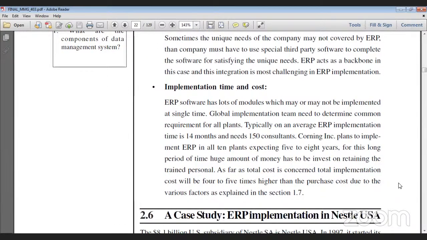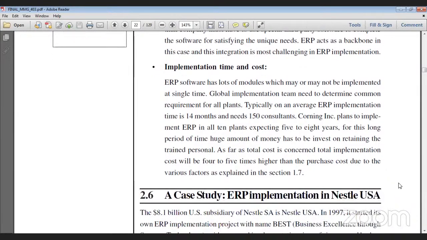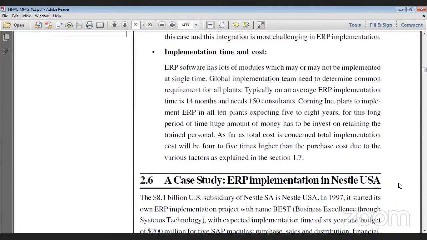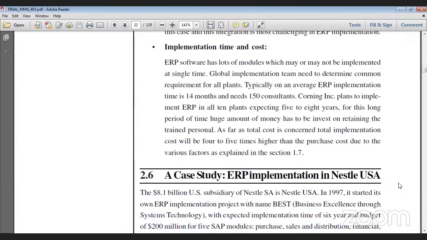Next, a case study is given for implementation in Nestle USA, the 1 billion dollar US subsidiary of Nestle SA.